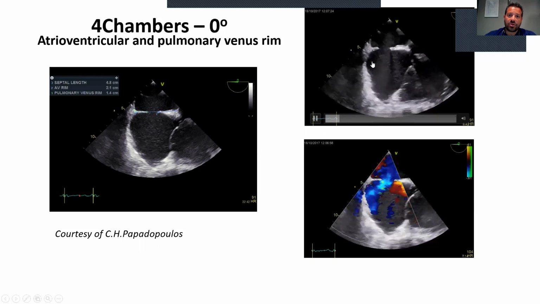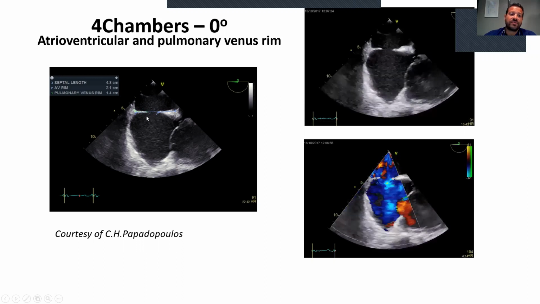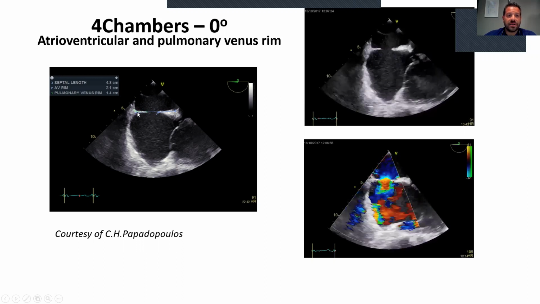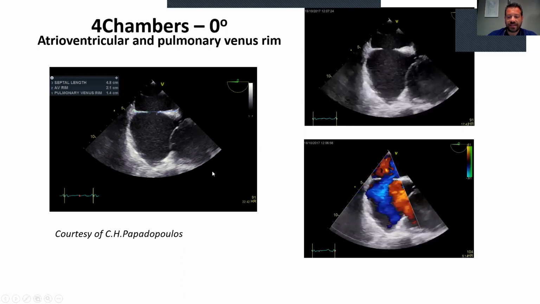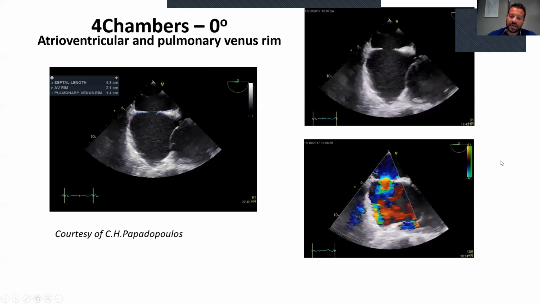We can check also the pulmonary venous rim, which is near the right pulmonary veins. And we have to measure the length of the rims, the total length of the septum, and of course, the size of the defect.